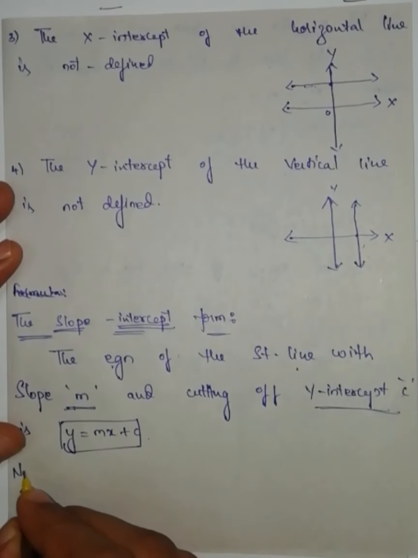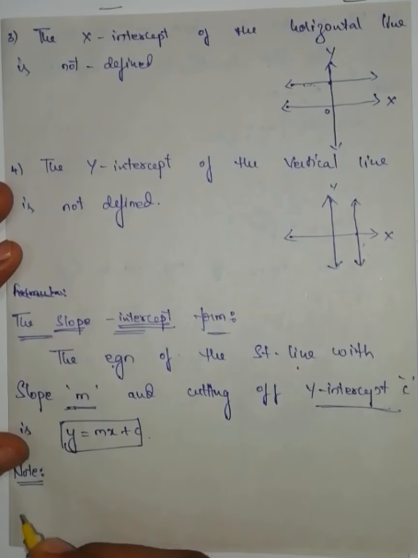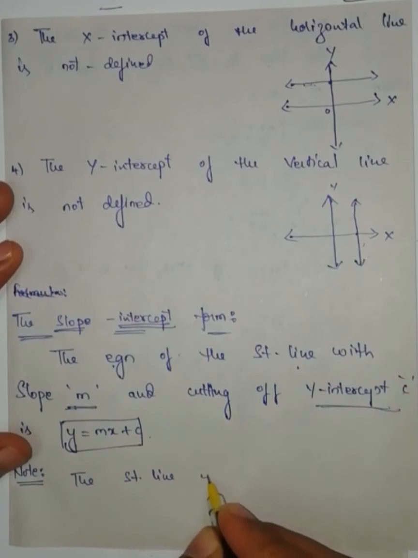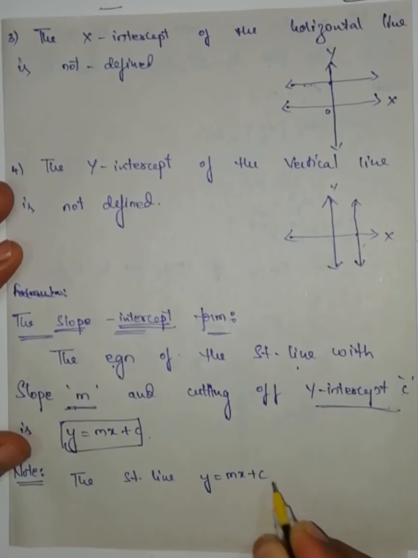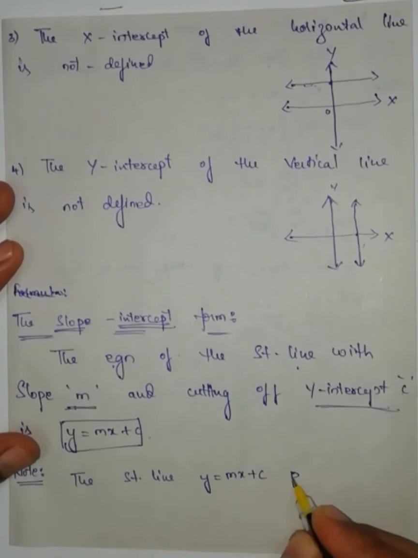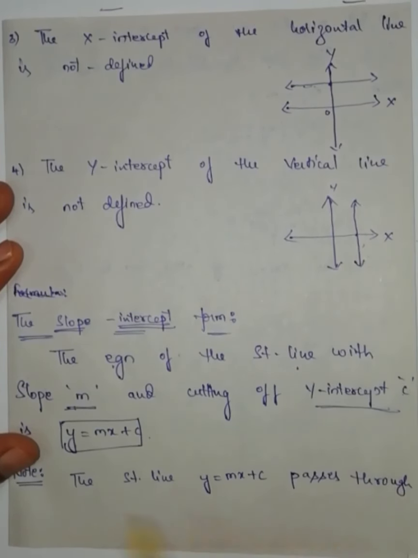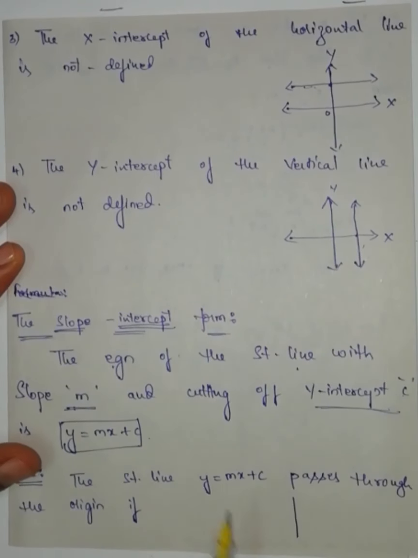Note. The straight line y is equal to mx plus c passes through the origin if, now here, when this line passes through the origin, then if I substitute 0 comma 0 in this line, it should satisfy the equation.